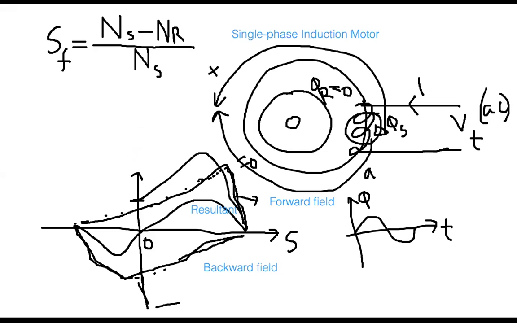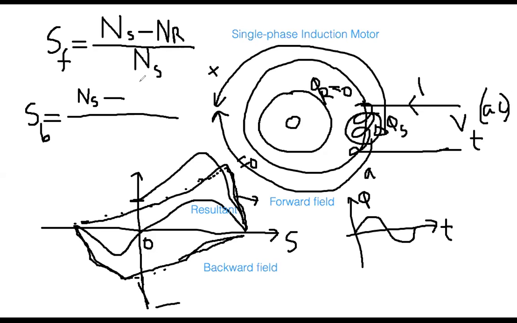Let me write down here: backward field, due to backward reaction. So everybody see, this is synchronous speed, then this was the rotor speed, right? Due to the backward field, the rotor shaft will rotate in the reverse direction.